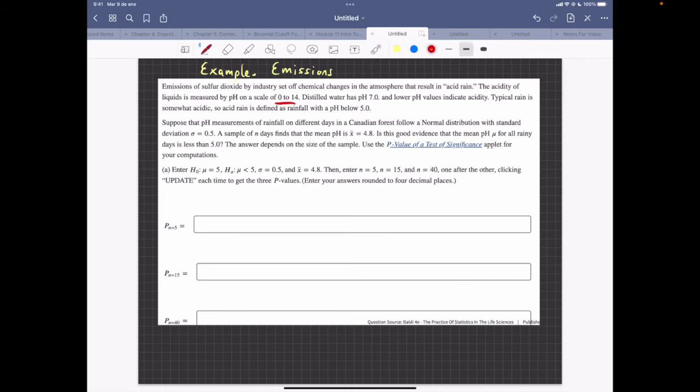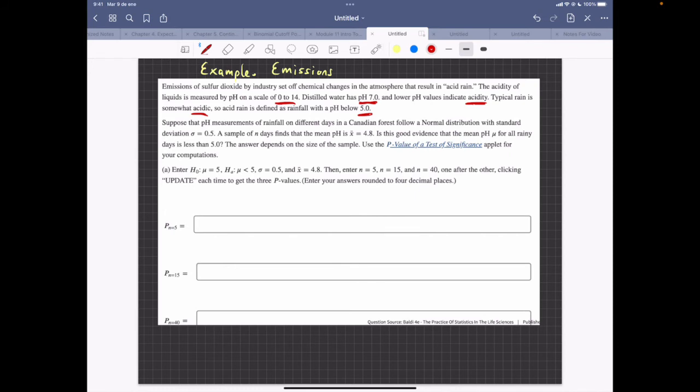Distilled water has pH 7. Lower pH values indicate acidity. Typical rain is somewhat acidic. So acid rain is defined as rainfall with a pH below 5.